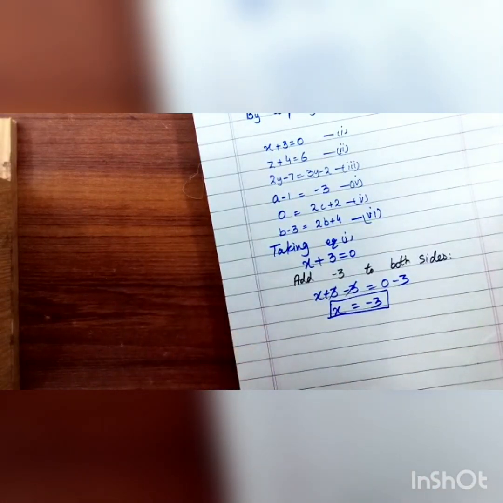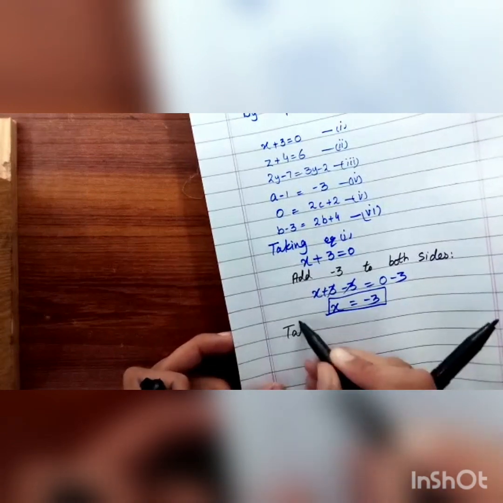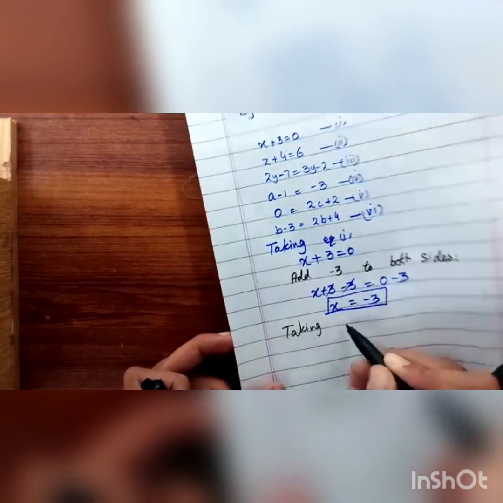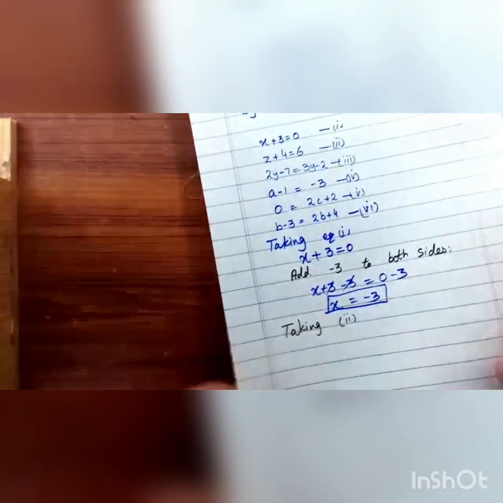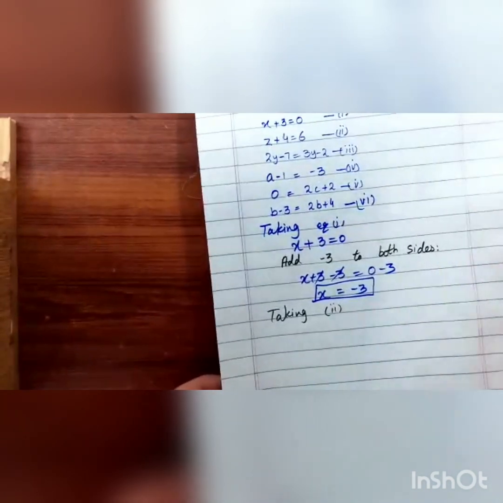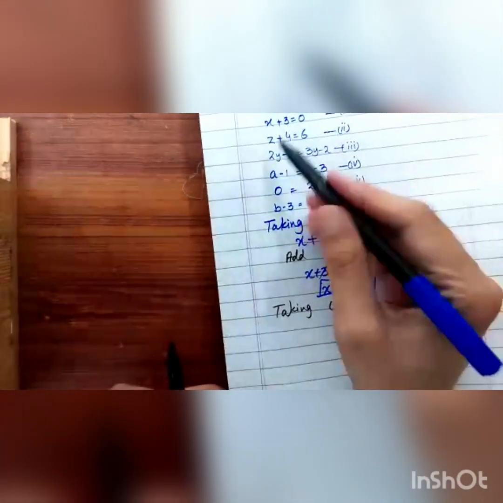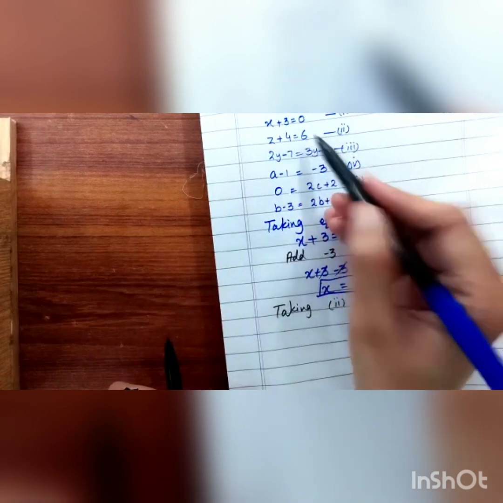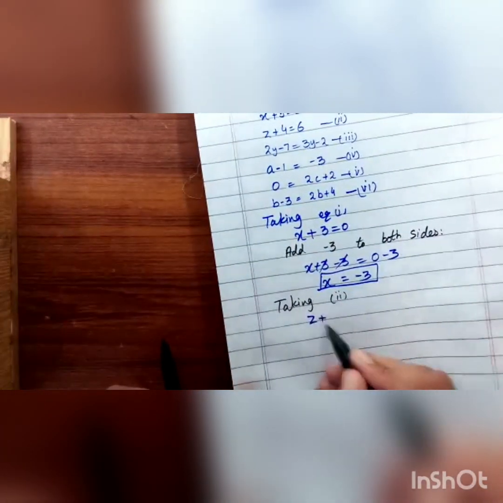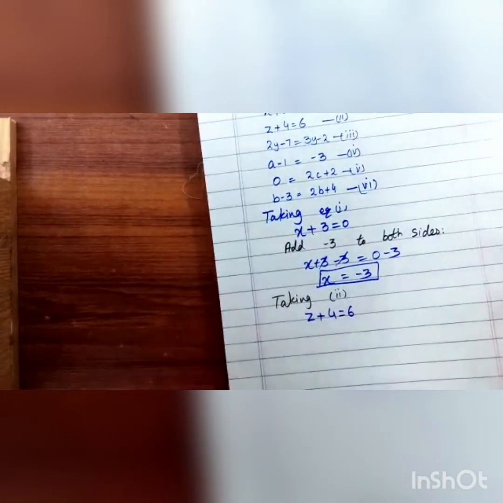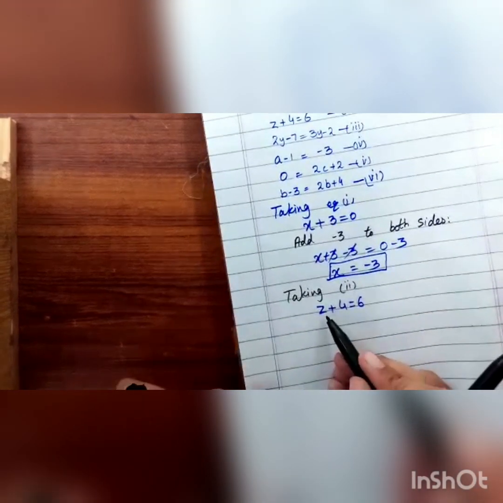Now it's turn to solve the next equation, which is equation number 2. So equation 2 was z plus 4 is equal to 6. Now what will we do? We have to find the value of z.